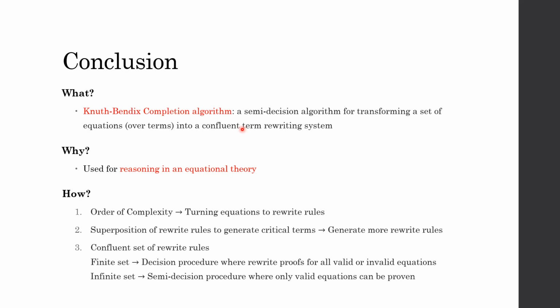Superposition of rewrite rules generates critical terms, which will lead to generating more rewrite rules. Then a confluent set of rewrite rules: if it's finite, it will be a decision procedure. If it's infinite, it will give you a semi-decision procedure where only valid equations can be proven, given enough time, if you run the algorithm long enough.